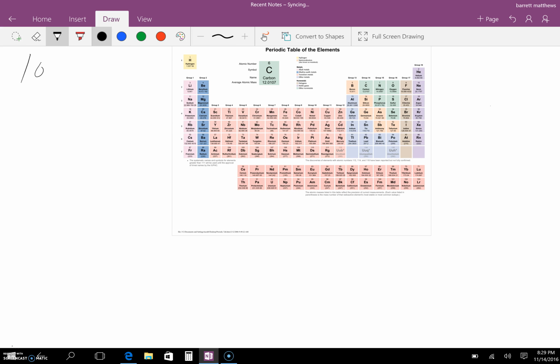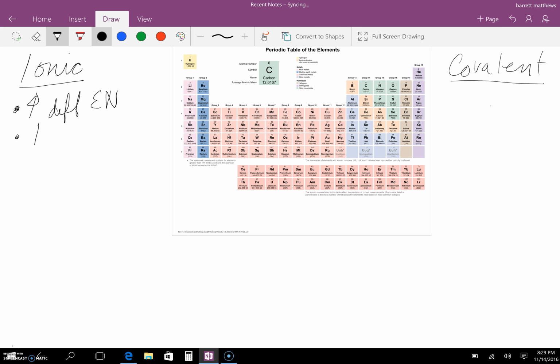Let's take a look at the two types of bonds that are going to exist, and that is ionic and covalent. And these have to do with the difference in the electronegativity of the two compounds. Ionic compounds, on one hand, have a very large difference in their electronegativity.